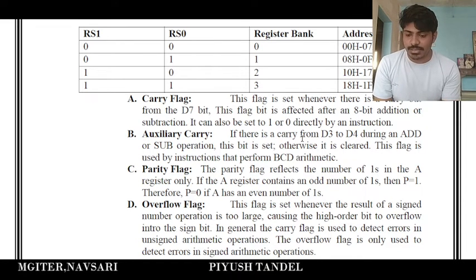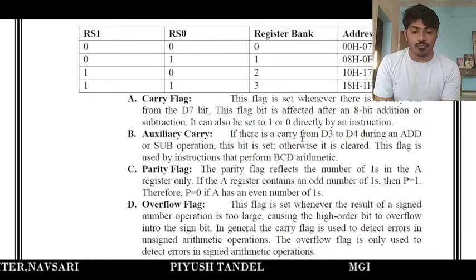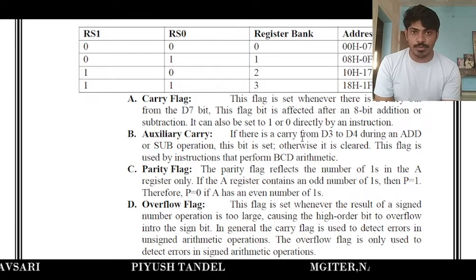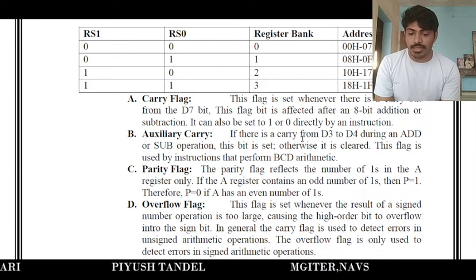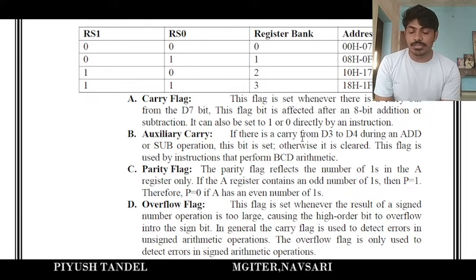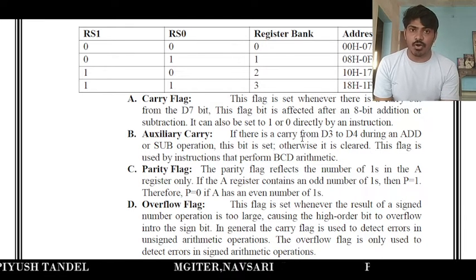Okay, next one, that is the parity flag. Now the parity flag reflects the number of ones in the A register only. A means accumulator register only, and if the A register contains an odd number of ones, then P is going to be set to 1. Therefore P is equal to 0 if A has an even number of ones.